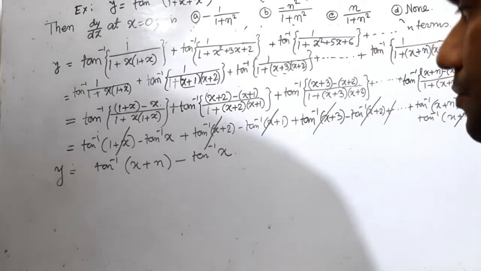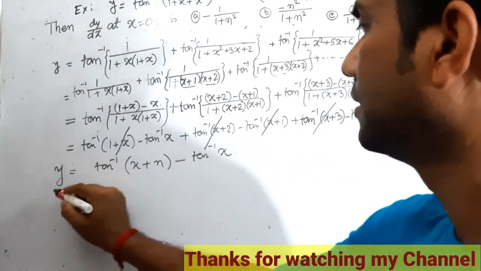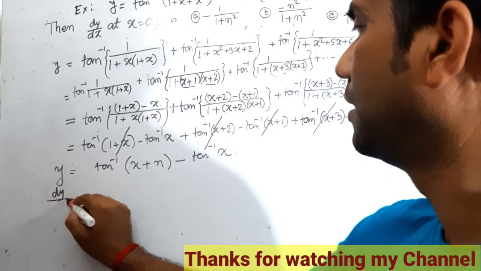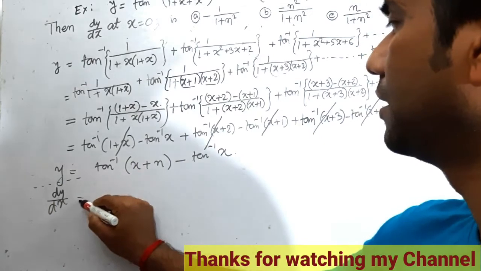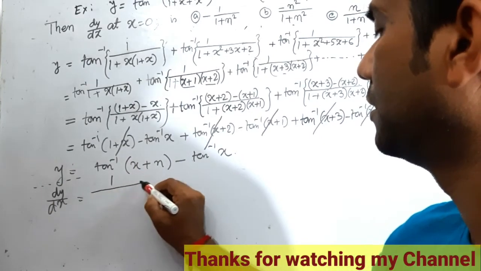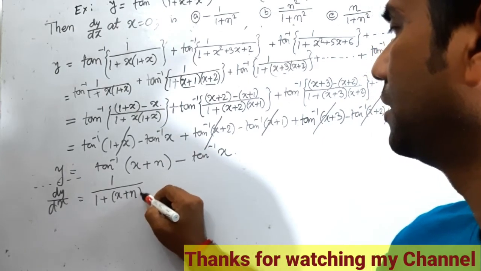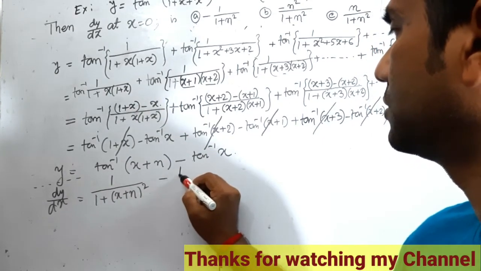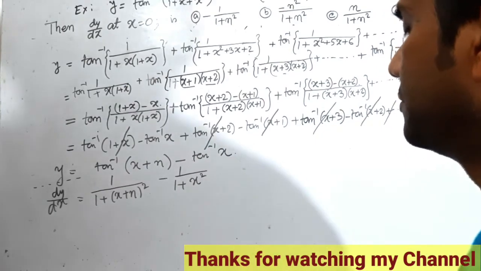So taking dy/dx, differentiating with respect to x, we get 1 by 1 plus (x plus n) whole square minus 1 by 1 plus x square.